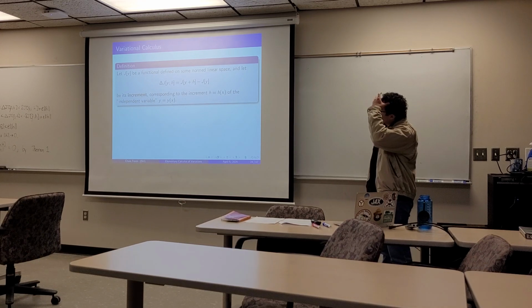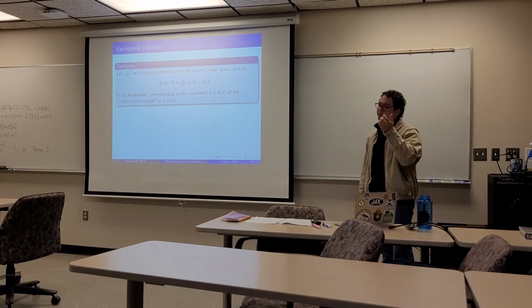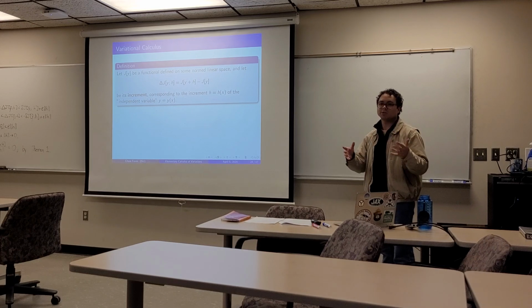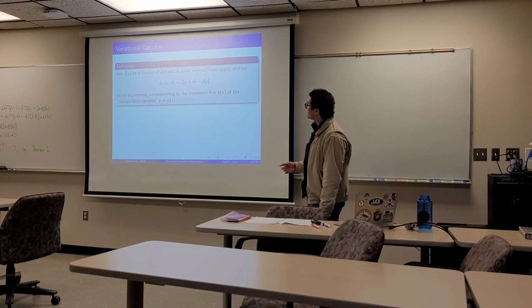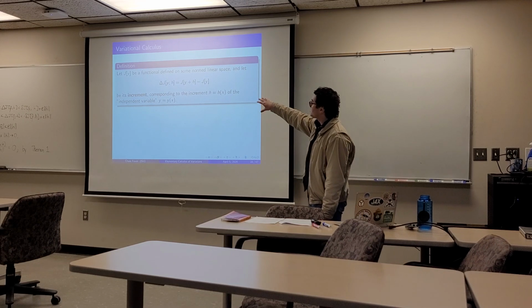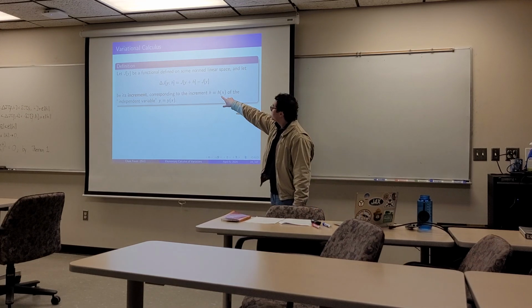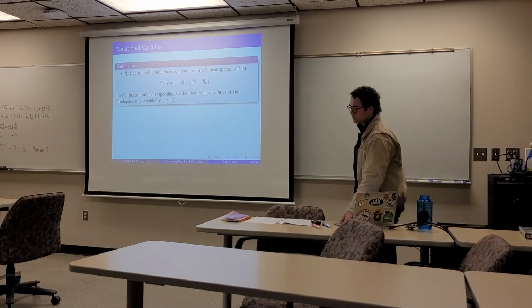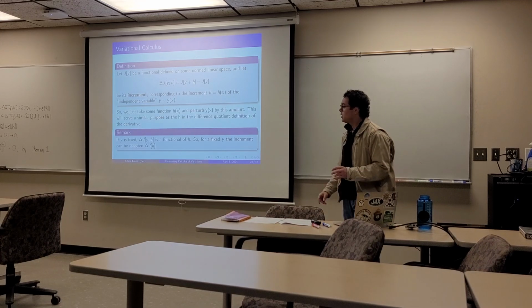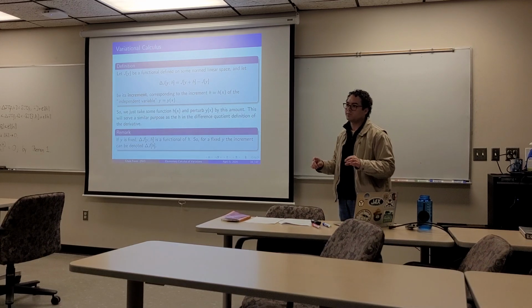Now, in order to establish a concept of a derivative, we need to start perturbing our functionals and seeing how they behave. So we define what's called the increment of a functional to be the functional with the input function plus some perturbation function minus the original functional at that point. This looks a lot like what we'd see on top of the difference quotient of the derivative in real numbers.